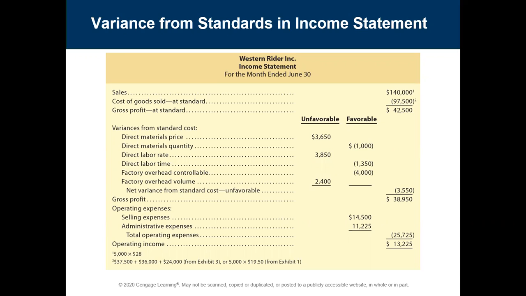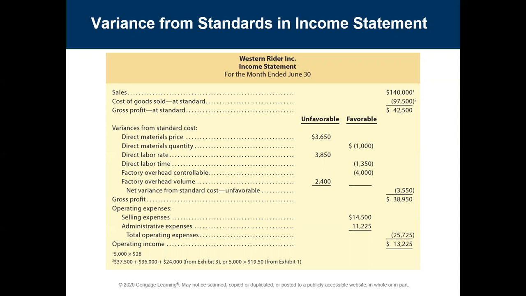So then what we'll do there is we have 140,045 minus 3550. We come out with our gross profit, I guess, actual. And then the operating expenses and the operating income.